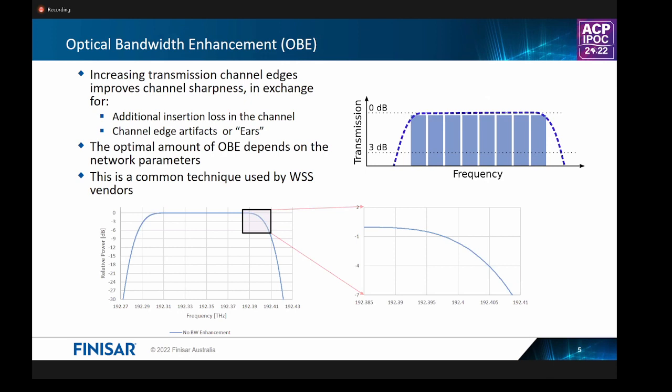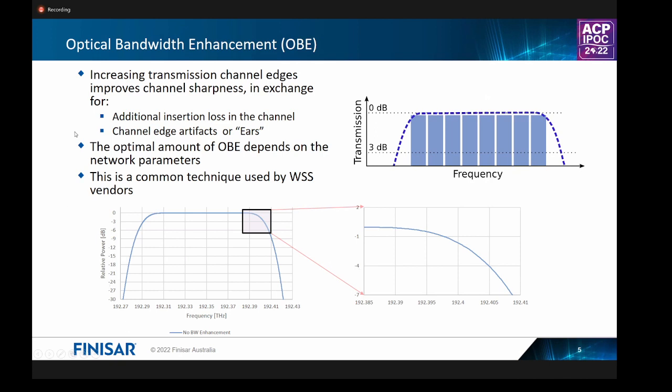What I'm showing here in the graph is a number of slices, the blue squares. These correspond to the pixel columns in the LCOS that form the channel. The dashed blue line is showing the optical response of that channel. And down here, I'm showing a measurement I've taken of a channel.